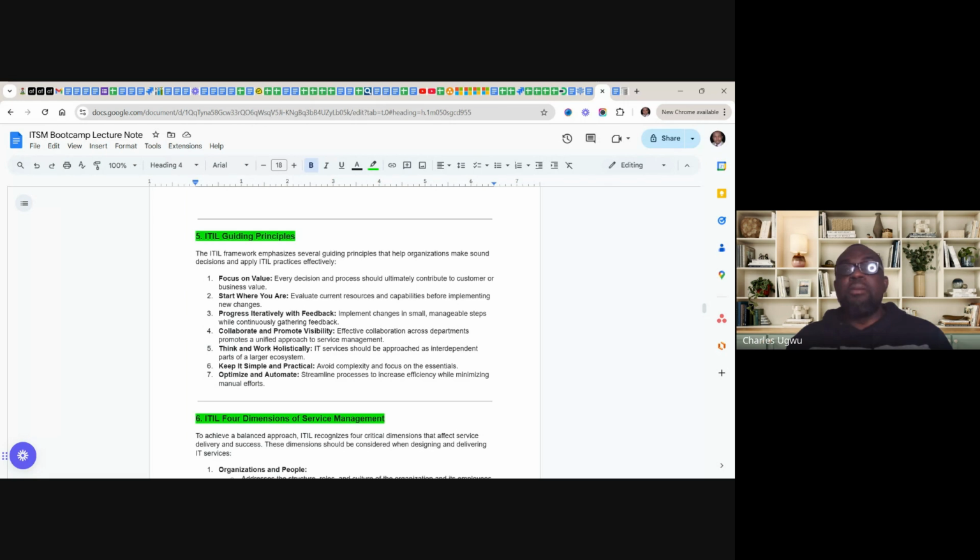So as you're optimizing, you are automating. A lot of activities within the IT need to be automated, more especially repetitive activities. That is how you bring efficiency, and that is how you reduce waste.